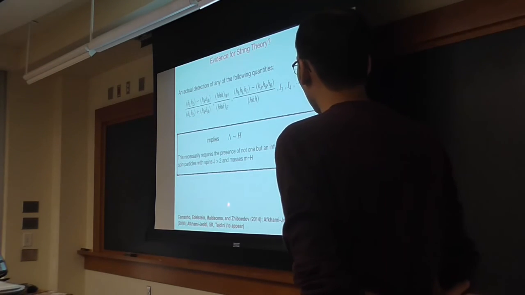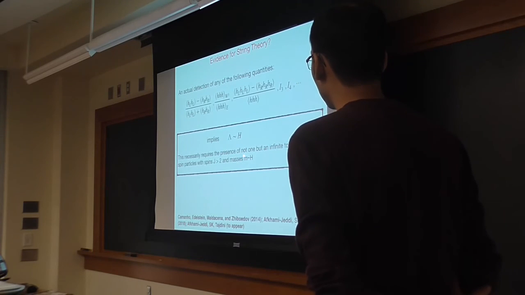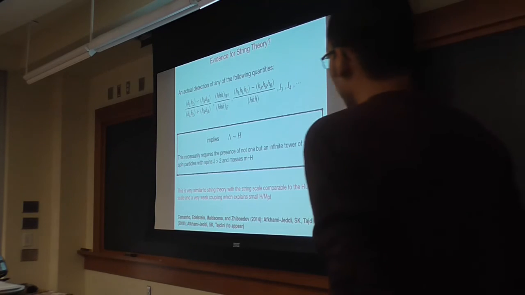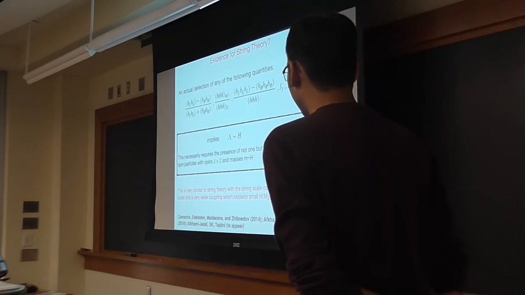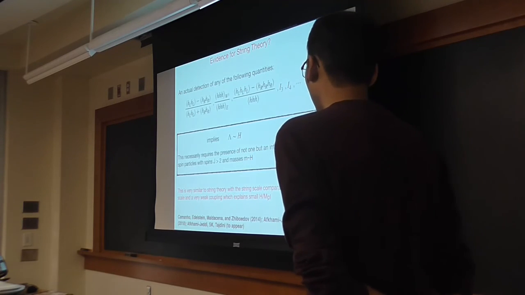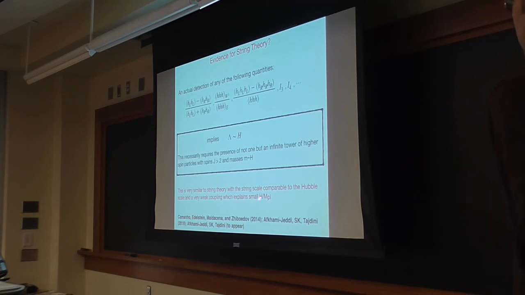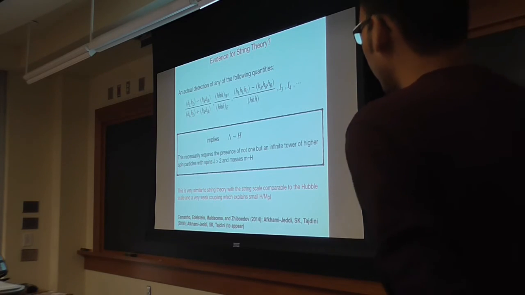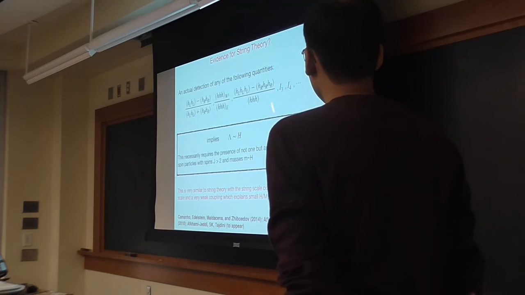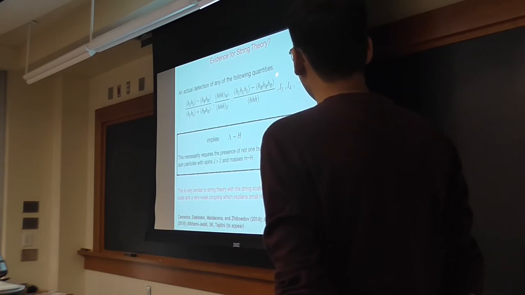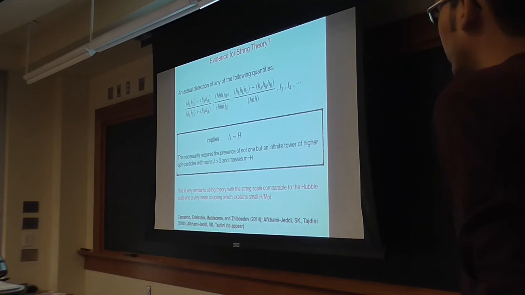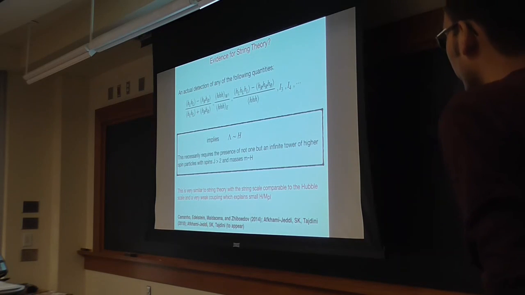Not only that, this necessarily requires the presence of not one but an infinite tower of higher spin particles with spin greater than 2 and masses comparable to H. This is very similar to string theory with the string scale comparable to the Hubble scale and a very weak coupling to explain the smallness of H over M Planck. So one might interpret observation of any of these quantities as a signature of a theory which looks very similar to string theory.